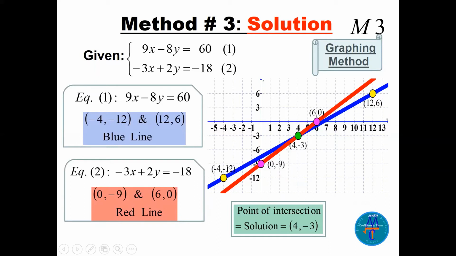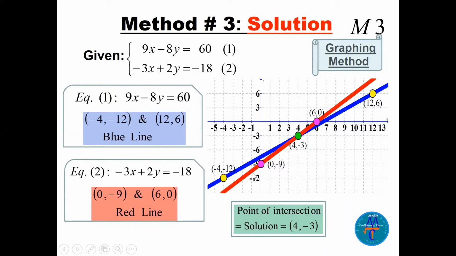So minus 4, minus 12, that's a point here. If I put x equals 12, you can take any number here because domain and range are all real numbers. Sometimes there are fractions, but I try to put integer numbers, easy numbers. Put x equals 12, solve for y, y will be 6. 12 and 6 is there.